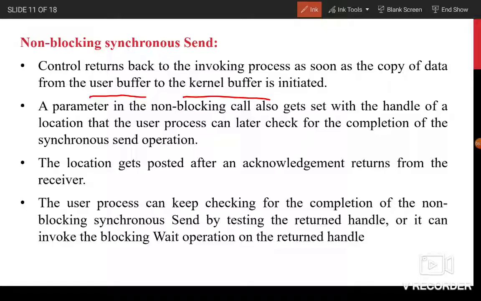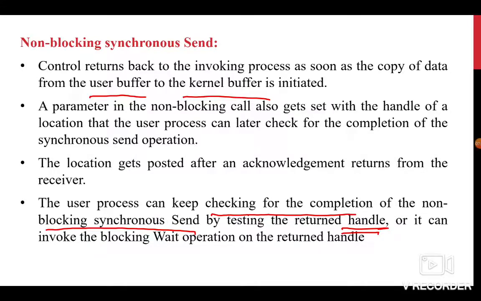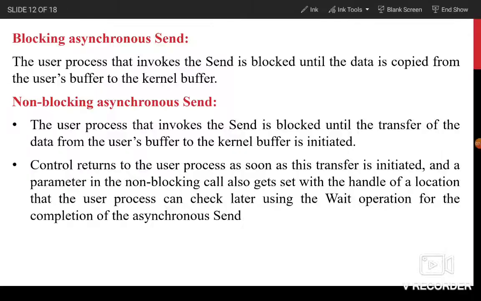Immediately it can send another message. This is called non-blocking synchronous send. The user process must keep checking for the completion of a non-blocking synchronous send. With the help of the handle, as I told already, you have to check the completion.